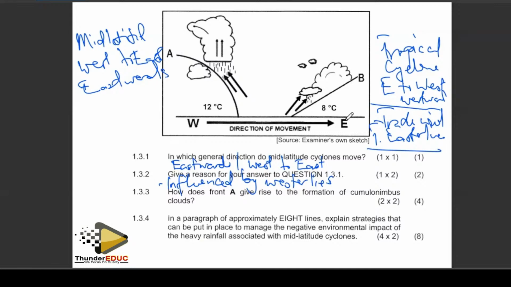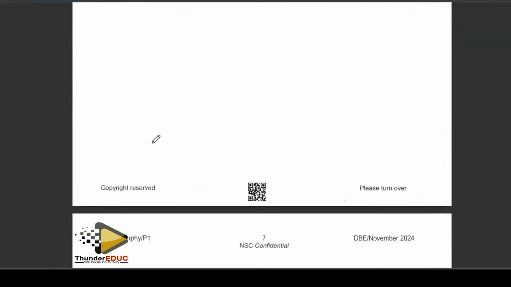Right. How does a front A gives rise to the formation of cumulonimbus clouds? This question requires you to know how cumulonimbus clouds look like, and you relate them to how the front also looks like. Let me just make a clear illustration so that I can explain something tangible. The cold front is like this.